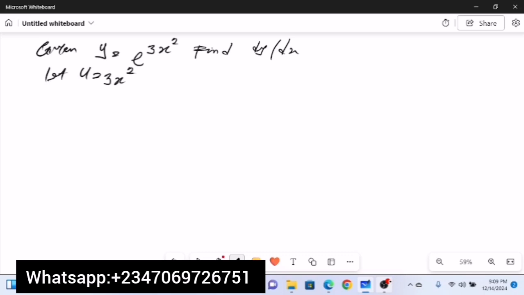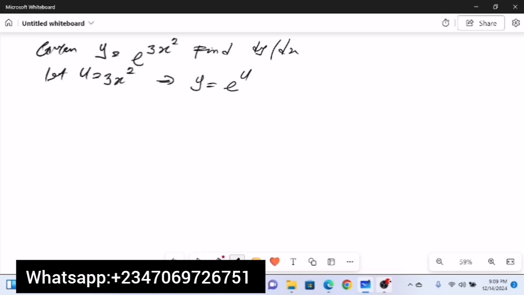If this is the case, this simply now implies that y is equal to exponential u, because we said let u be 3x squared. So from here, you see now that y is a function of u, which means I can only differentiate y with respect to u. Again, u is a function of x, which means I can only differentiate u with respect to x.